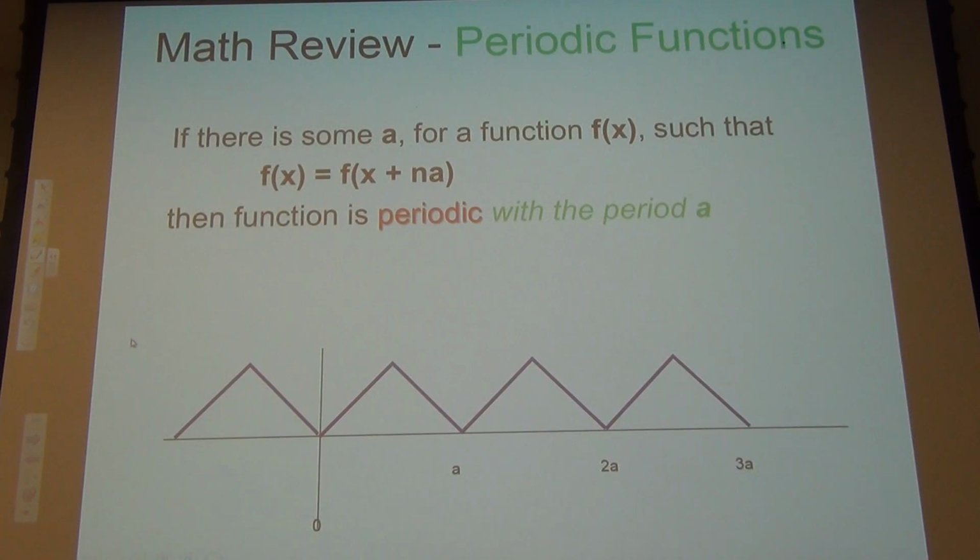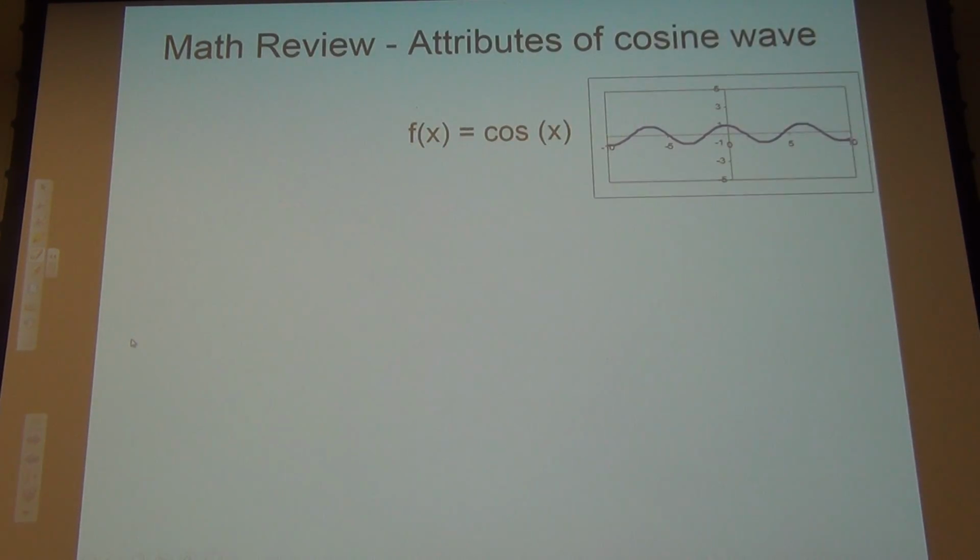What is a periodical function? If there is some A for function f(x) such that f(x) equals f(x plus nA), then the function is periodical with period A. This is an example of a periodic function, and we have cosine waves.